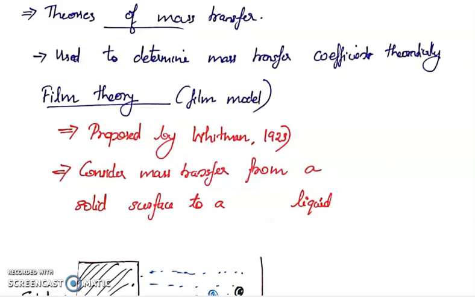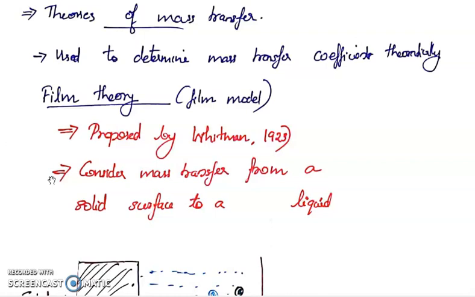In last class, we discussed how correlations can be used to determine mass transfer coefficient. We also discussed dimensional analysis for a particular system to find an expression for mass transfer coefficient. There are other theoretical approaches also to determine the mass transfer coefficient.